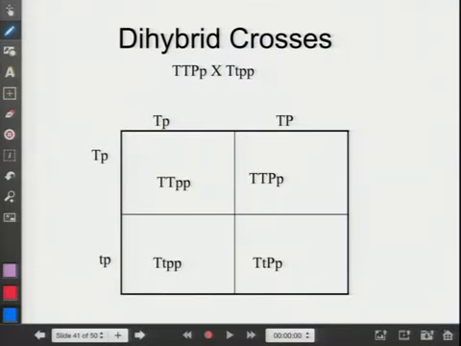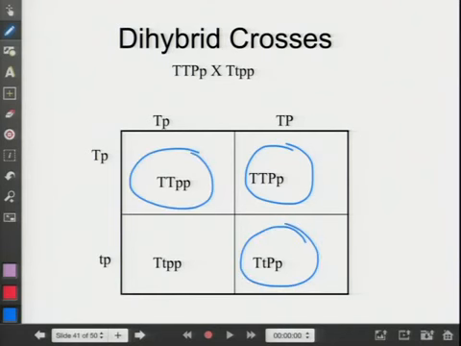So if you fill that out, right, this is what you get in the squares, and we would say, how many different genotypes are in this? 4, right? All are different genotypes. So what about phenotypes? We don't really know what they stand for, but as far as recessive and dominant. Yeah, 2, right? This is double dominant. This is double dominant.